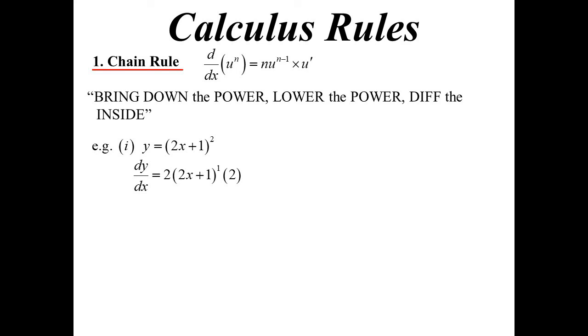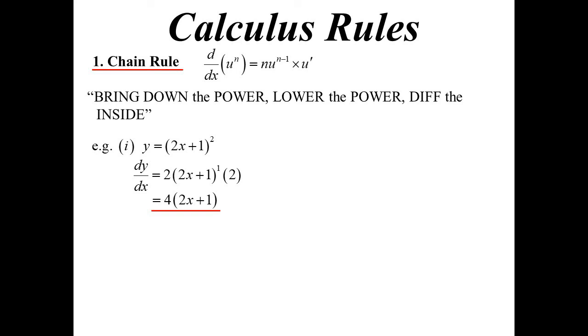We diff the inside, so whatever's inside the parentheses, we differentiate. Differentiate 2x plus 1, you get 2. Tidying that up, we get 4 outside of 2x plus 1, which you'll recall is the same answer we got the other day. The other day it wasn't factorised, we had 8x plus 4, but it is the same answer.